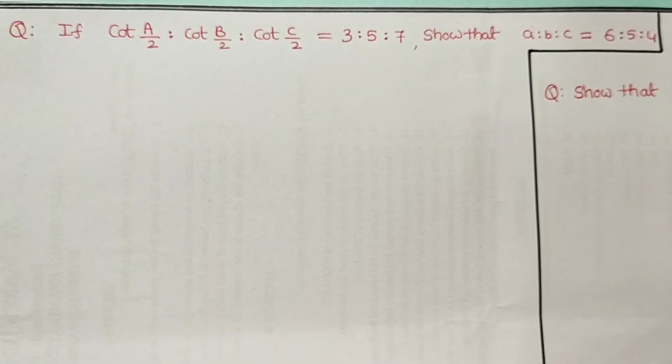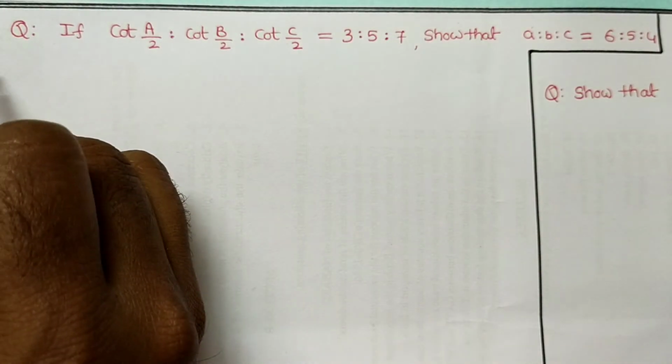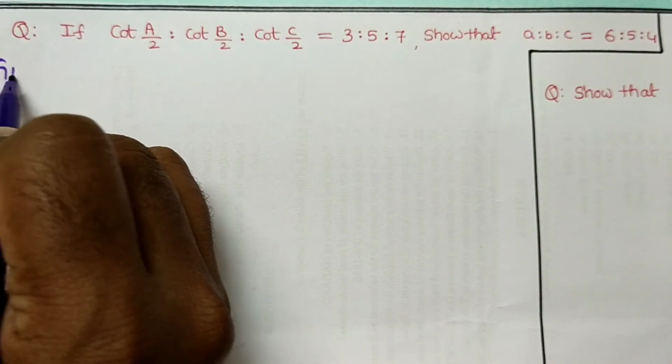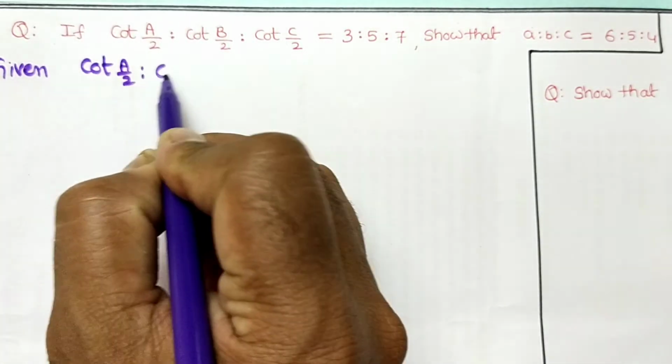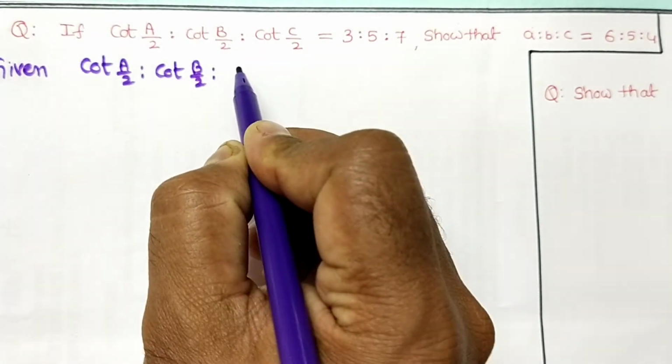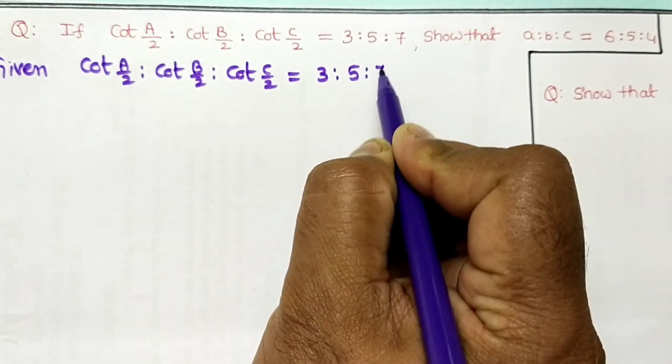The next question. If cot A by 2 is to cot B by 2 is to cot C by 2 equal to 3:5:7, show that small a is to small b is to small c equal to 6:5:4. So now we know the formulas of cot A by 2, cot B by 2, cot C by 2. Given cot A by 2 is to cot B by 2 is to cot C by 2 equal to 3:5:7.